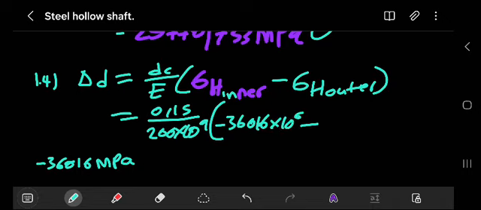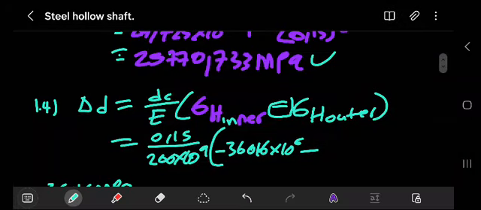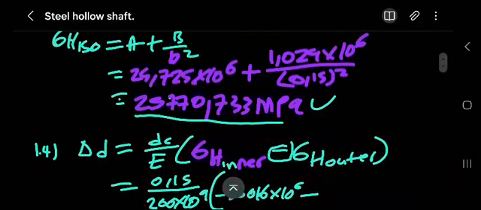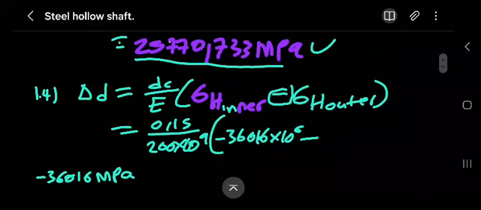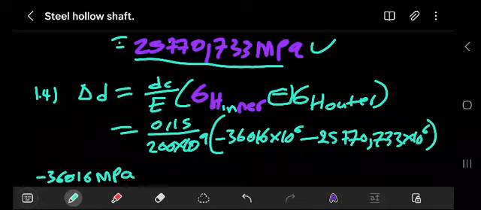We have minus here. Then the outer is the one we've just calculated, which, surprisingly, we got positive, minus 25,770.733 megapascal times 10 power 6.